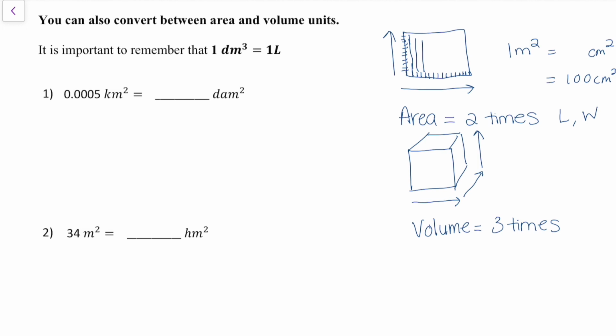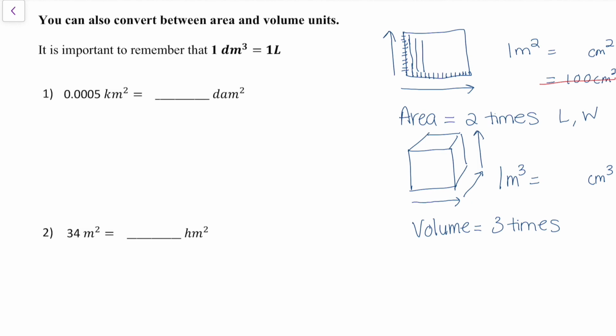That's why we say our units are squared, or to the power of 2. And so I have to do it 2 times. With volume, we get a cubed, right? It's to the power of 3. And so I need to do it 3 times in order to get the correct one. So it's not just once. I don't just do the conversion once, I do it twice. And with volume, I do it 3 times.